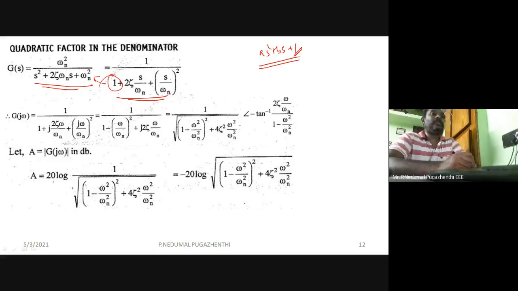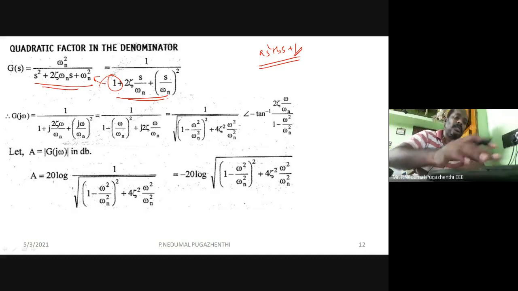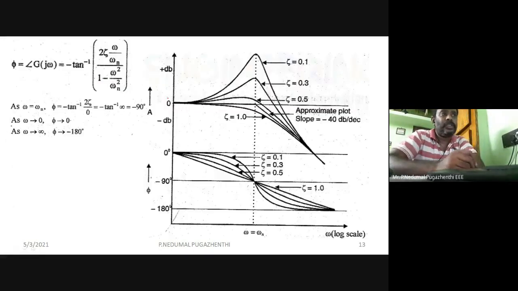And if the order increases, then obviously it is going to have a variation in the factor type also. So this is what happens. And you see that it is not only dependent on omega, it is also dependent on zeta. If you vary your zeta, your magnitude plot is going to have a different shape, and your phase plot also has a considerable change in shape.